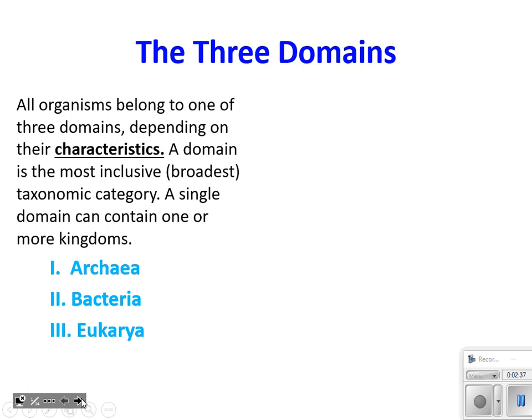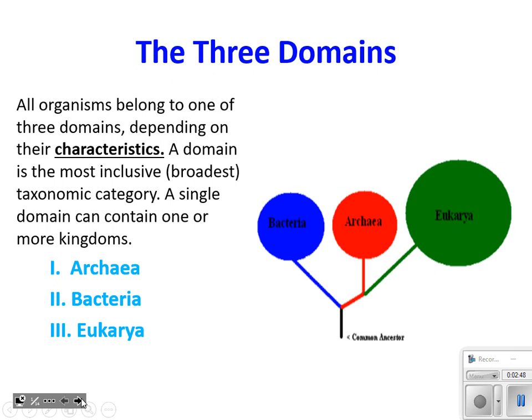And if I were to set these up into a clade, they would look something like this, where down here I have our common ancestor. Our common ancestor then branches off bacteria, archaea, and then finally eukarya.